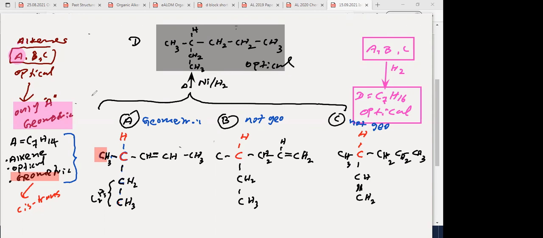Compound E shows geometric isomerism. F, G, H do not. Give the structures of E, F, G and H. Okay, let's see. I'll draw this; I'll erase this one. Okay, this is the rest now.